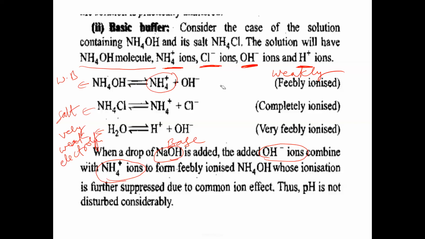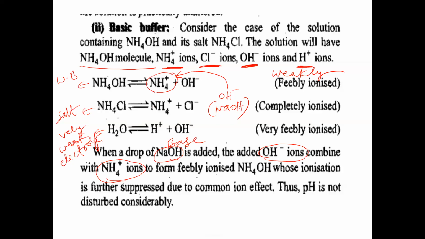So here we are adding OH minus from NaOH. This OH minus will combine with NH4 plus to form NH4OH. So a backward reaction takes place.